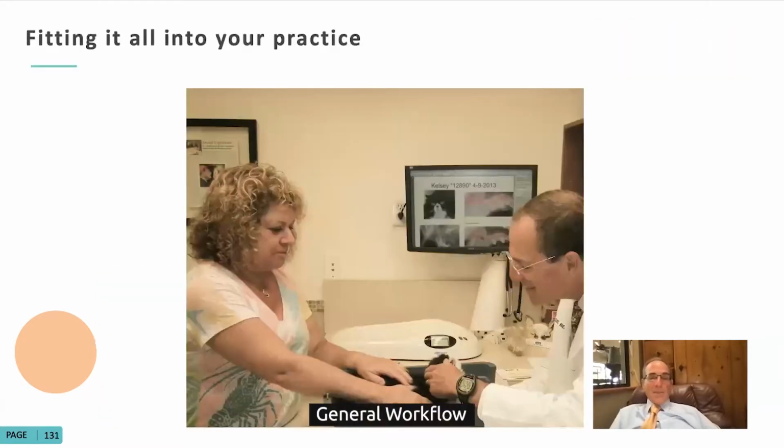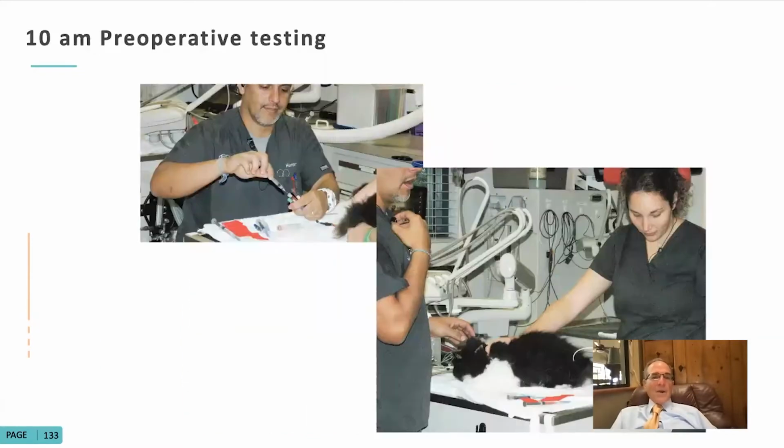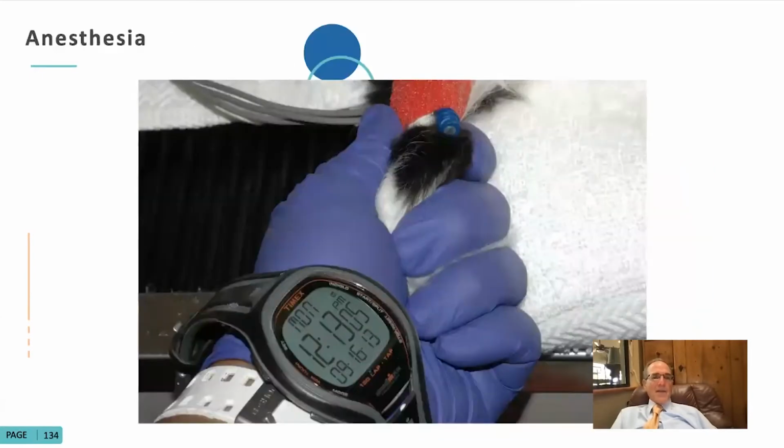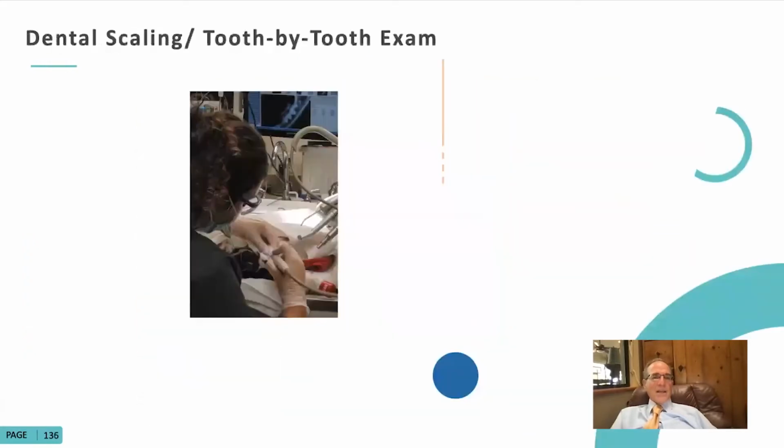All right. So how does this all fit into your practice? So here's a client that comes in the morning with a cat in its cat cage, and we take them back by 10 o'clock. We do the preoperative testing. Then we use general anesthesia on them. We're putting a catheter in. We take dental x-rays.